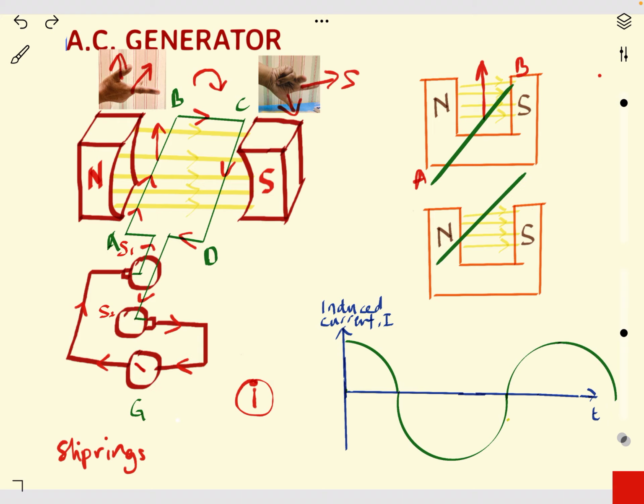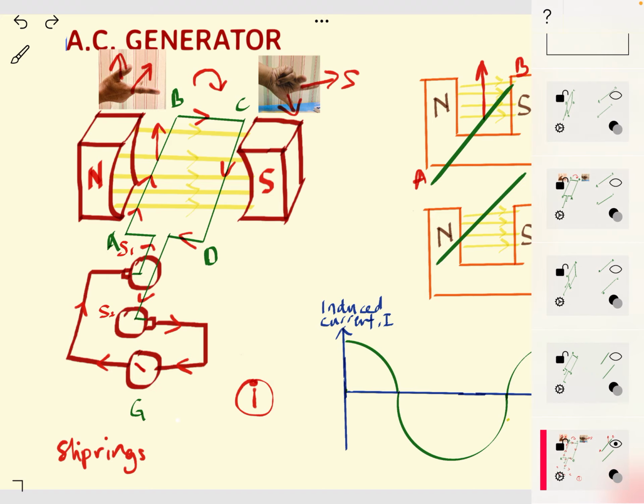So the rate of change of magnetic field is maximum in this case, and that is why we have the maximum induced current. This is the first situation, and then we will learn what happens next.